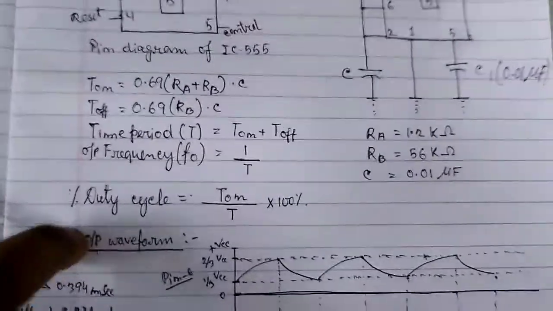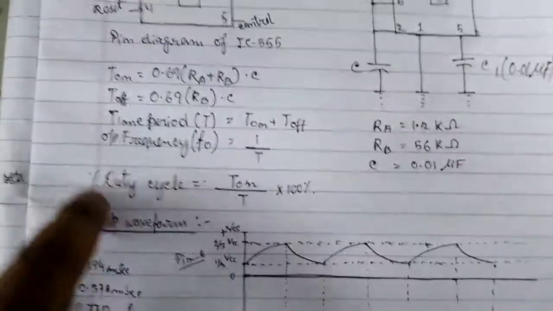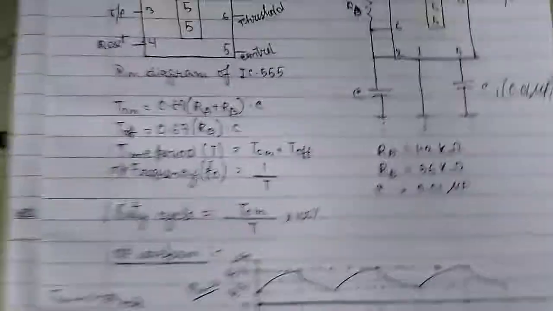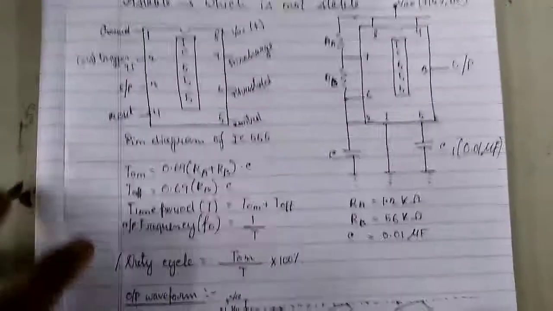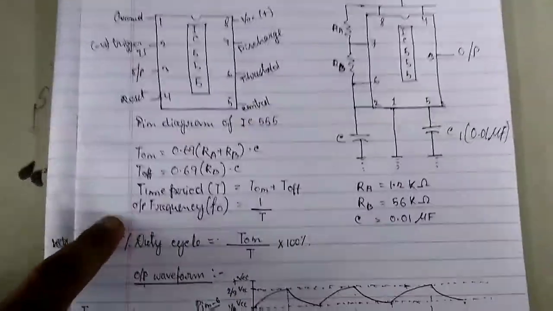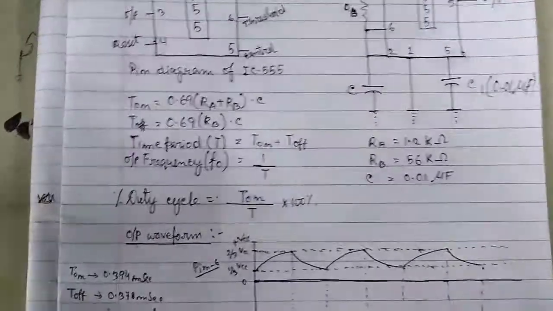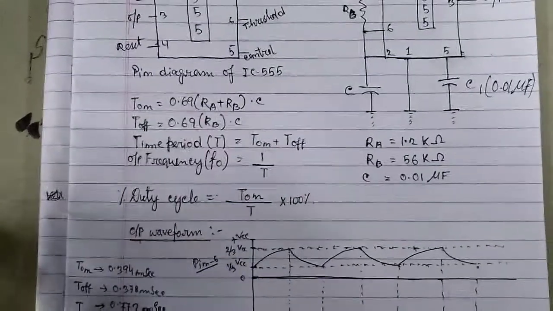And duty cycle is a new term. Duty cycle is T on by T, and percentage duty cycle is T on by T into 100%. What is duty cycle? Duty cycle is the time the circuit remains on during the total time period.